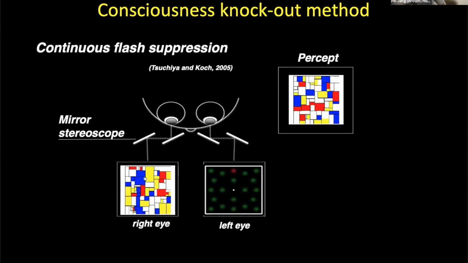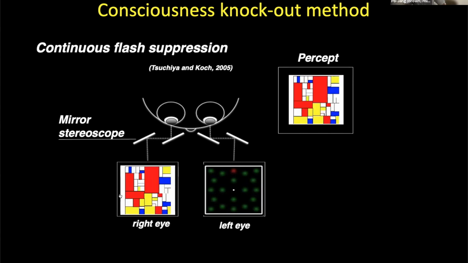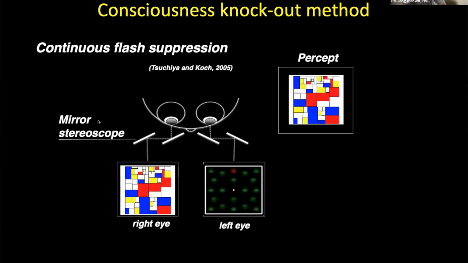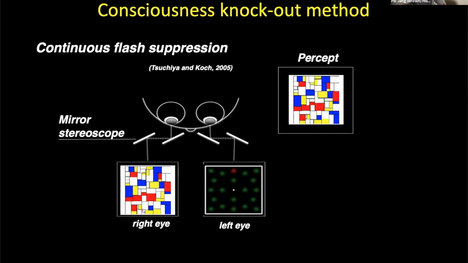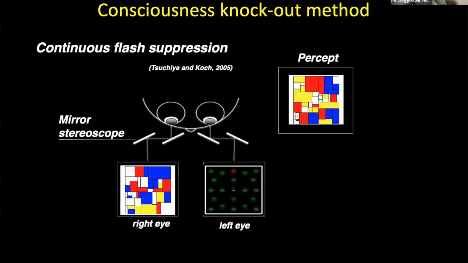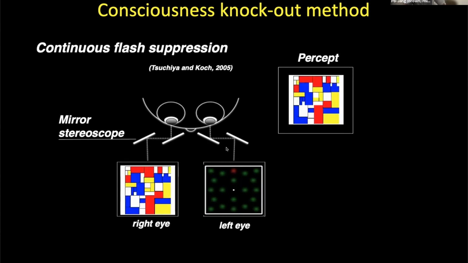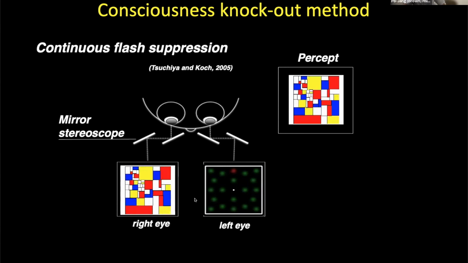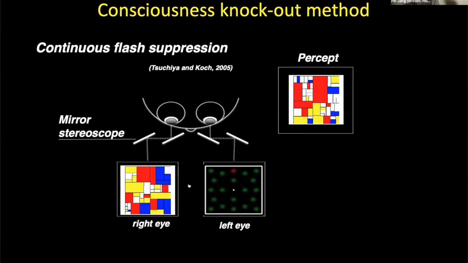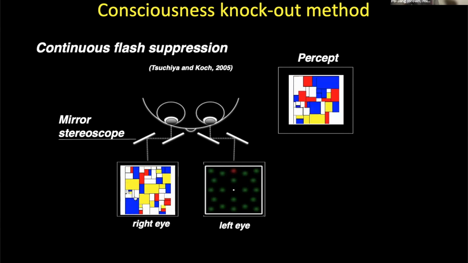The method is something like this. You present something that's constantly flashing into one eye through a mirror stereoscope, and in the other eye, you present something static that you don't want your participant to see. Our brain is much more sensitive to these constantly moving things.